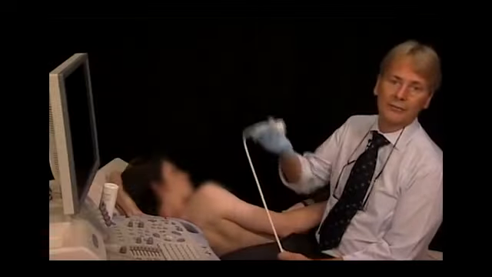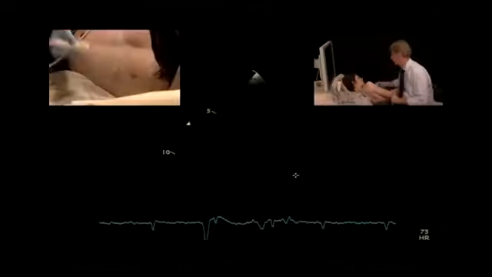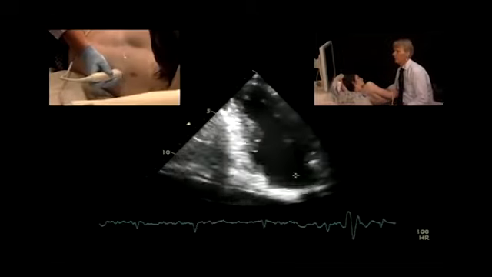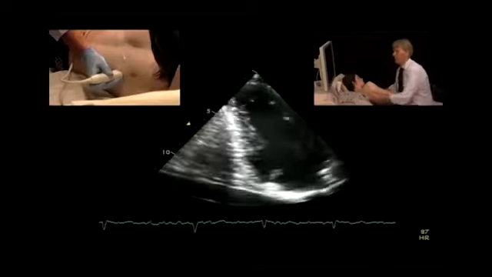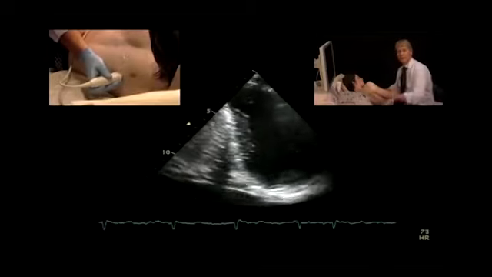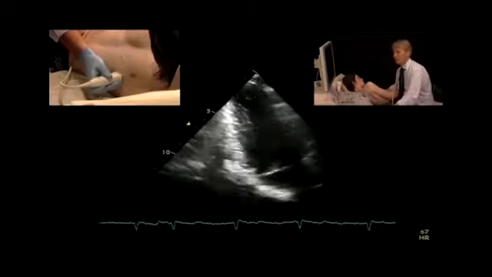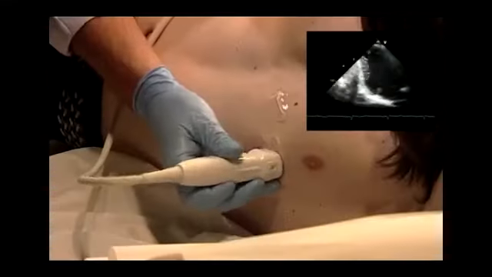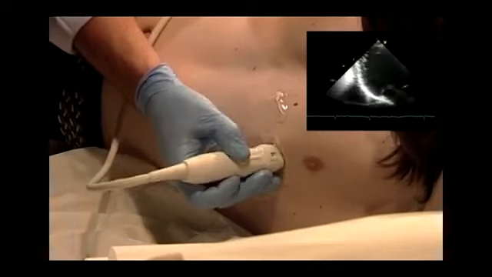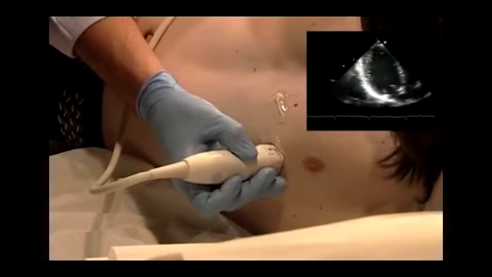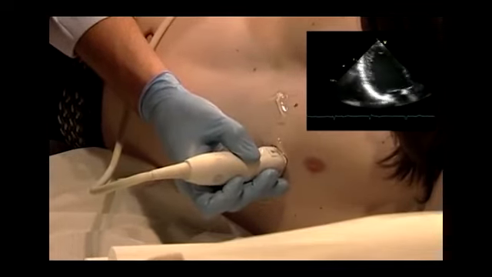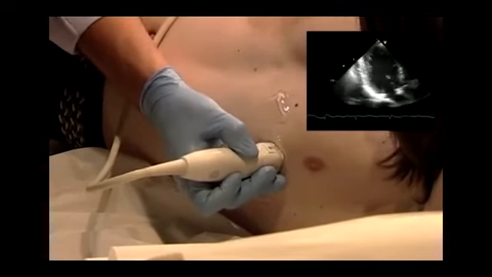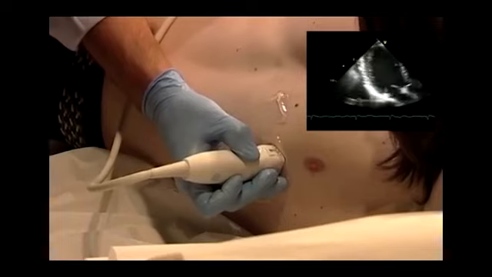Now I'll show you how to get from the 2-chamber view to the 3-chamber view. So let's start out with the 2-chamber view. All you have to do is rotate counterclockwise even further. The difficulty here is that you will have to switch your grip of the transducer very often, and to assure that you stay on axis, I always use my little finger to make sure you're still in the same position.